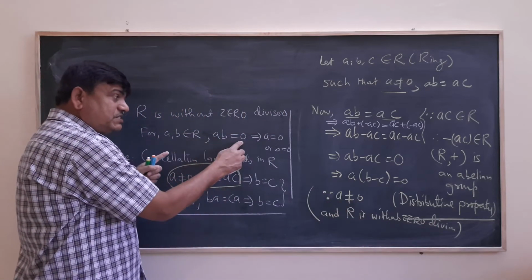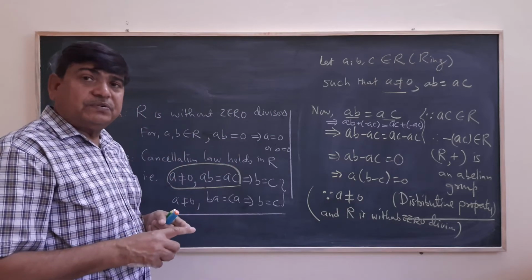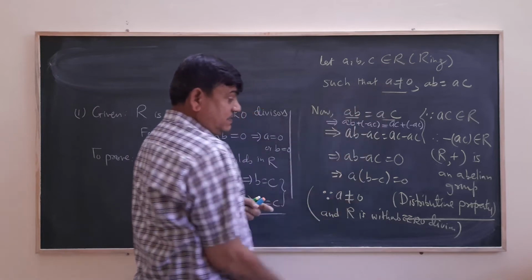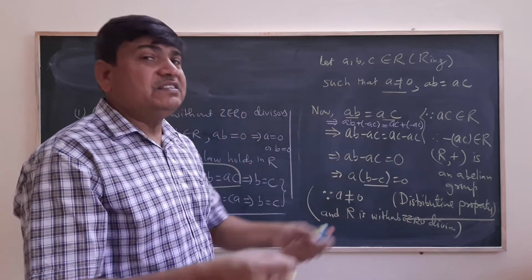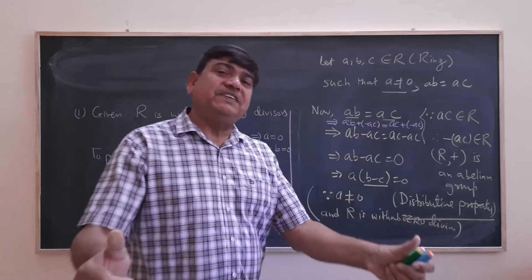Product of two numbers is 0, then at least one of them must be 0. Here A is not equal to 0, so 100% B minus C is equal to 0, because R is without 0 divisors.